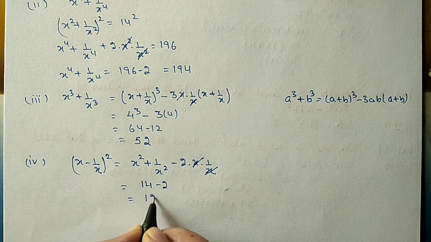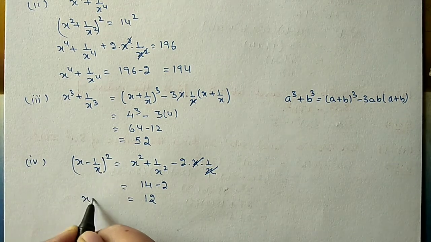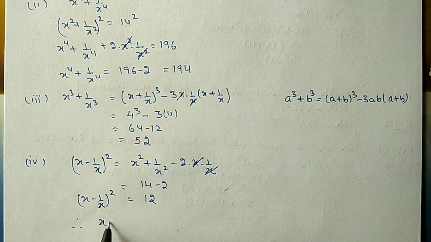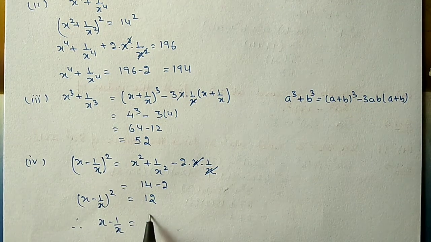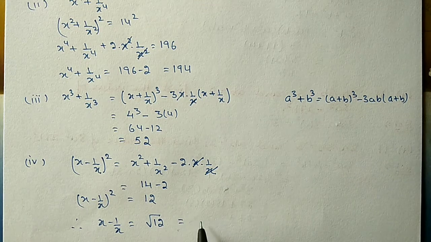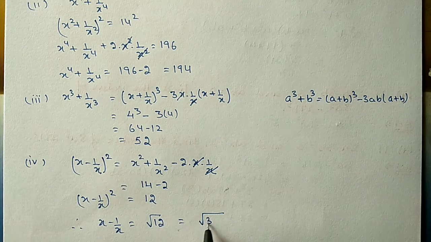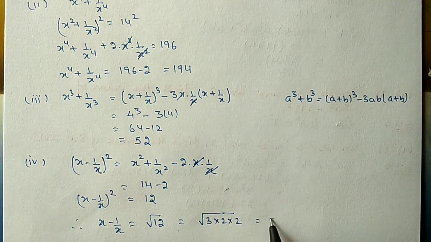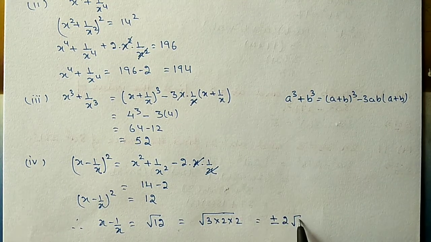So we got here 12. X minus 1 by x whole square is 12. So x minus 1 by x will be root of 12. Root of 12, we can write 12 as 3 into 2 into 2. So 2 will come out, it will be plus minus 2 root 3.